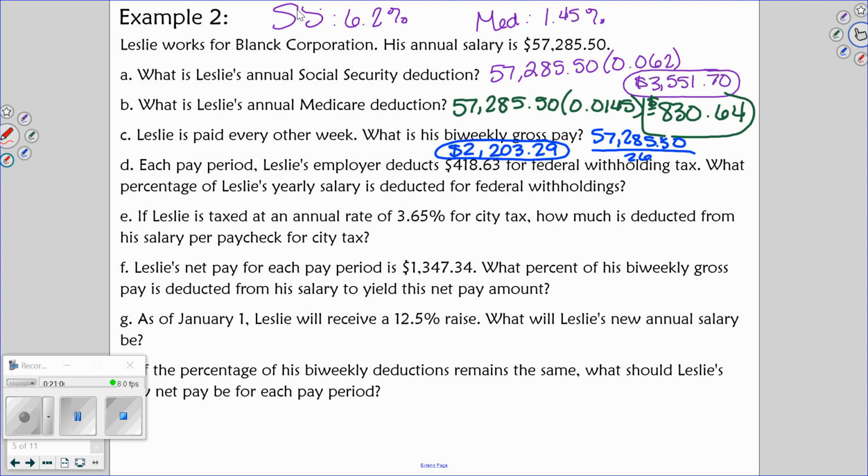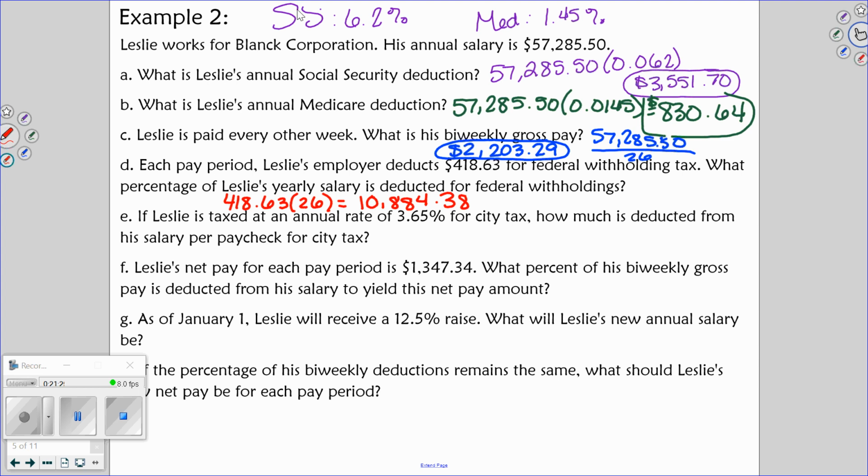You have to multiply that by 26, because it's asking about yearly salary, not each pay period. So we get 10,884.38.